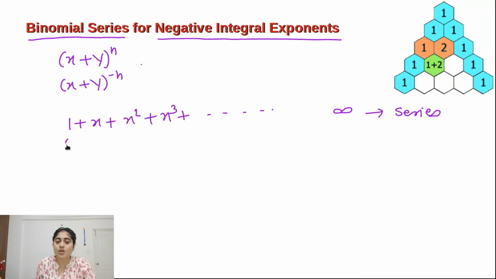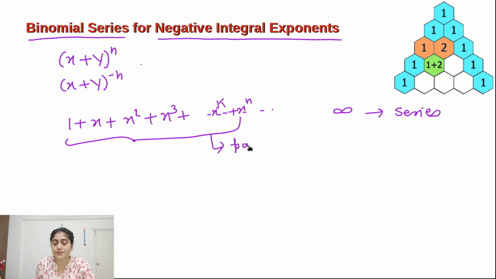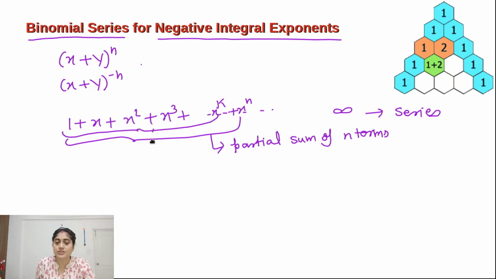But if I take only some terms, like up to x^n, then these are called the partial sum of n terms. This is not called a series. Similarly, if you take only k terms, this is called the partial sum of k terms.